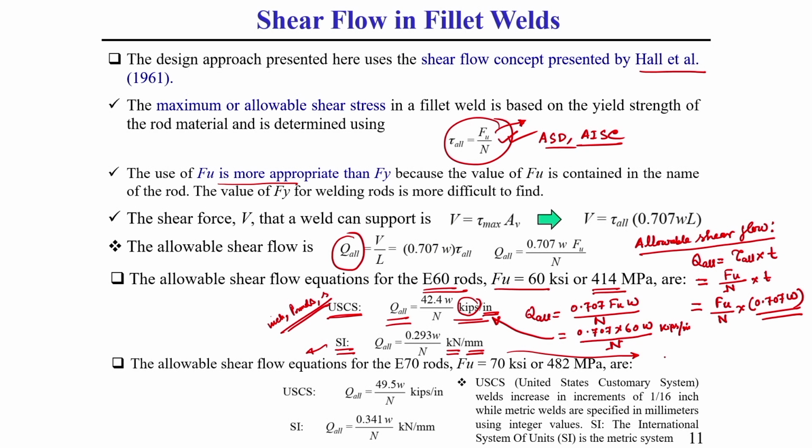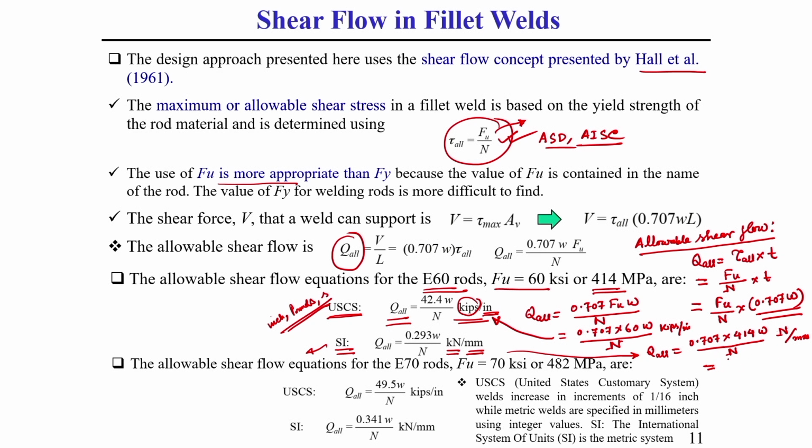Here Fu is equal to 414. So Q allowable will be 0.707 times 414 times W divided by n, and the unit is Newton per millimeter; always keep this in mind.